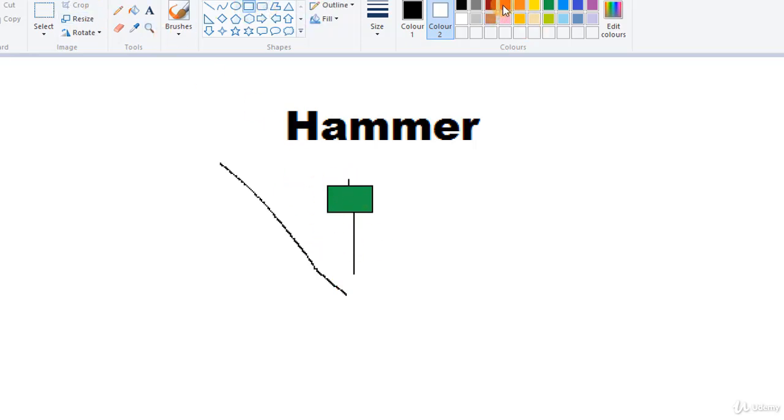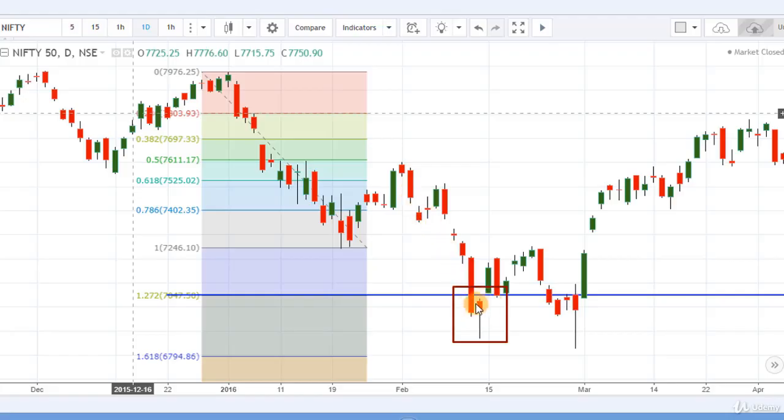And let's say the next candle is a green one which opens above this one. So let's say we get this kind of candle, then that is a sure confirmation of the uptrend. This is a downtrend. Here you can see we got the hammer, and the next candle is a green one, also above this hammer. So this was a sure confirmation of the trend reversal, and the trend got reversed.